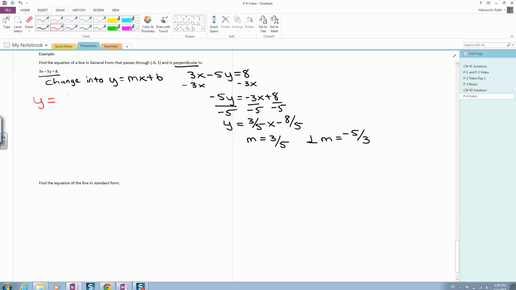So it's y minus 1 equals -5/3, and then x plus 6. Now we distribute. -5/3 times 6 is -30/3, and 30/3 is the same as 10.